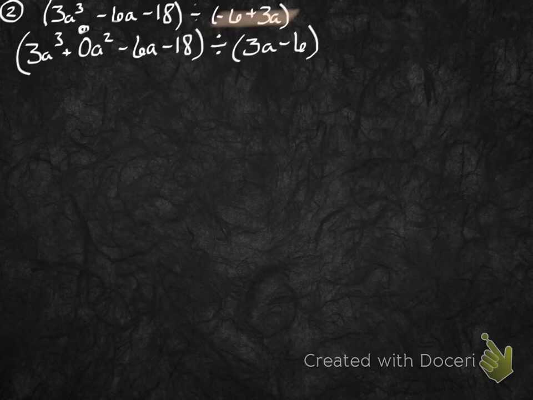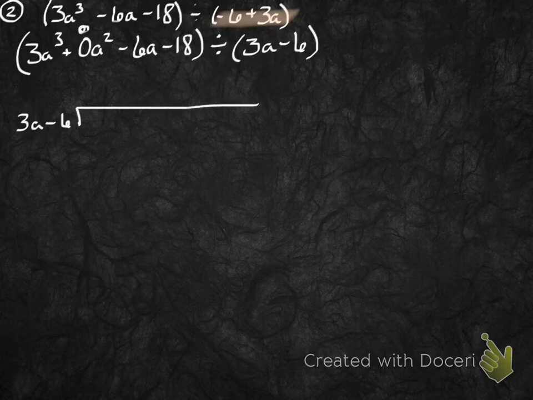Now it's time for my long division. 3a minus 6, and we're going to divide the next parenthesis by 3a cubed plus 0a squared minus 6a minus 18.